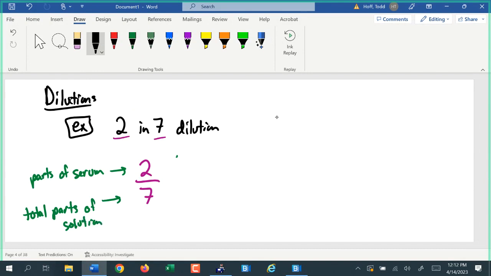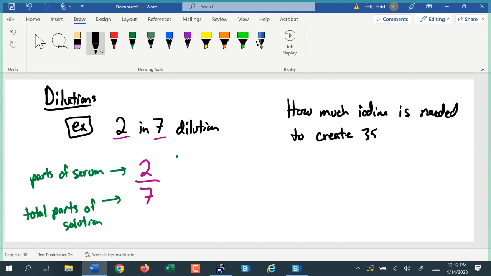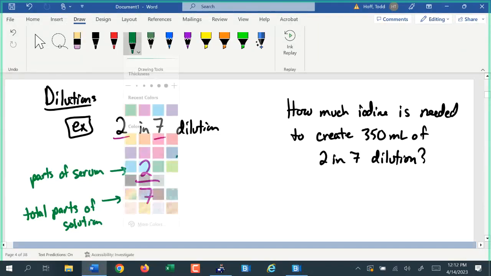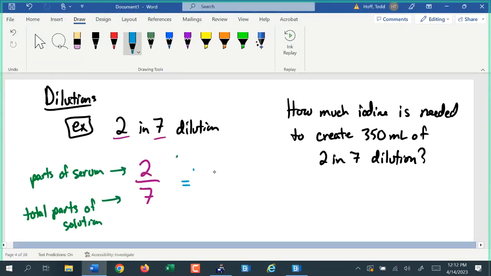So if I wanted to say how much iodine is needed to create 350 milliliters of a 2:7 dilution, well, the iodine is the serum, so that goes with the 2.